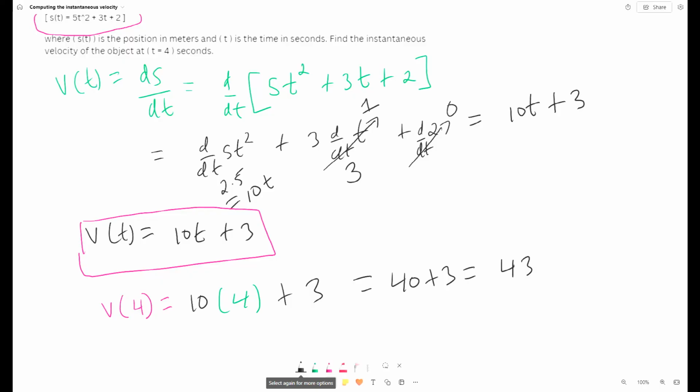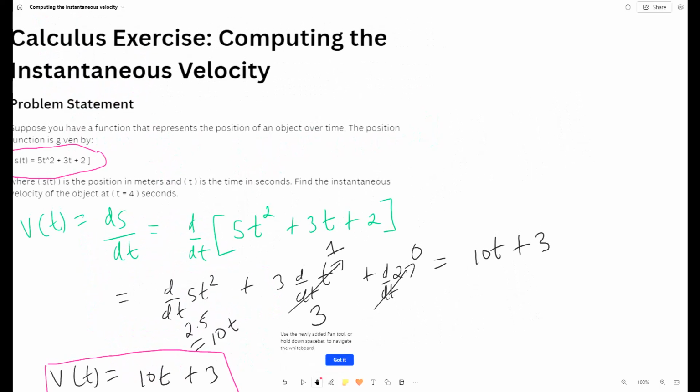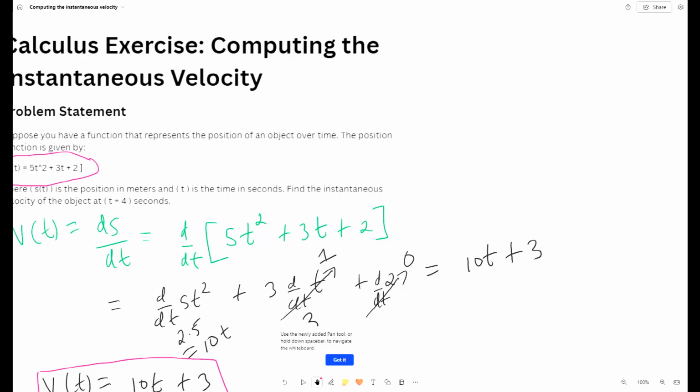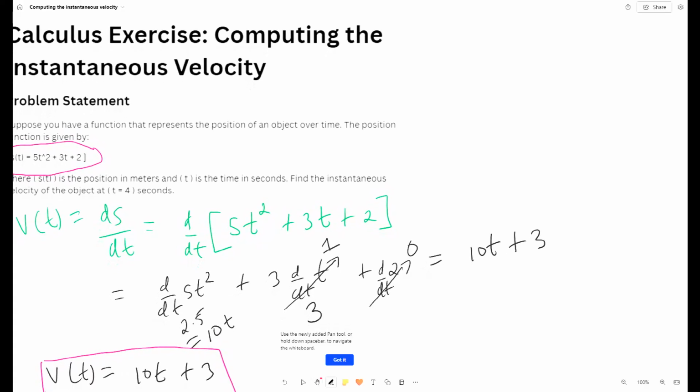So we're talking about meters, and the time we're doing in seconds.